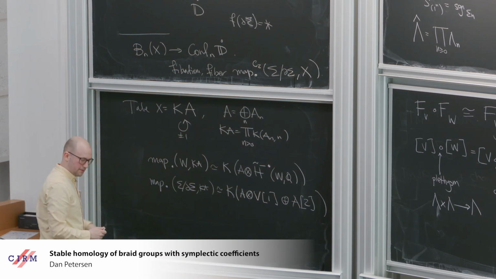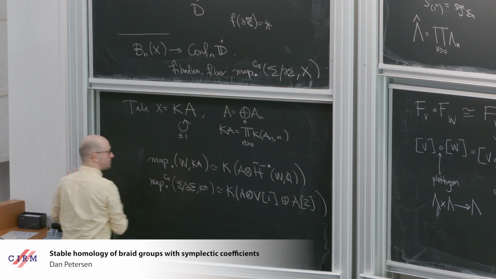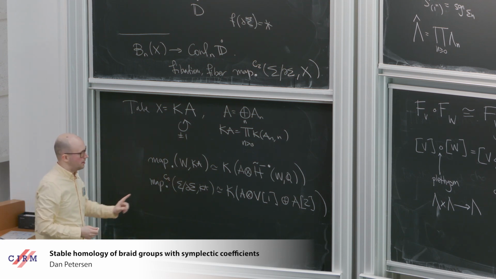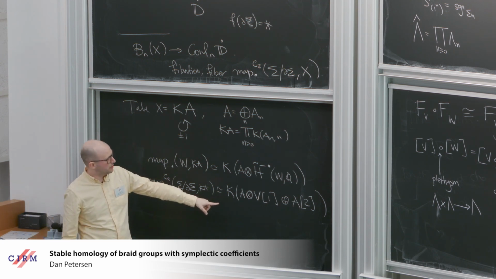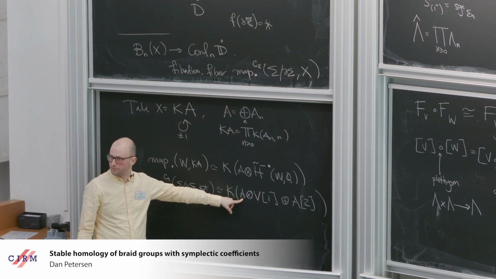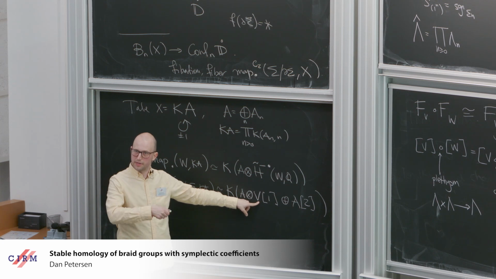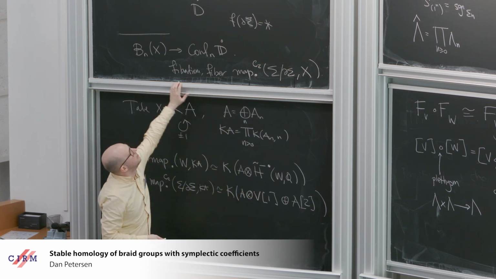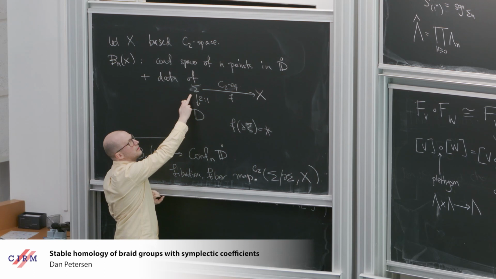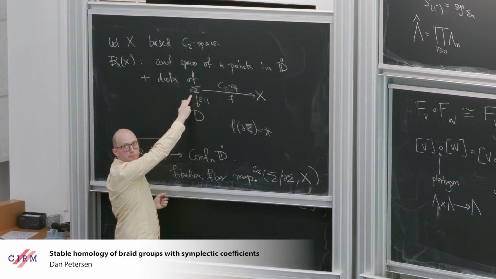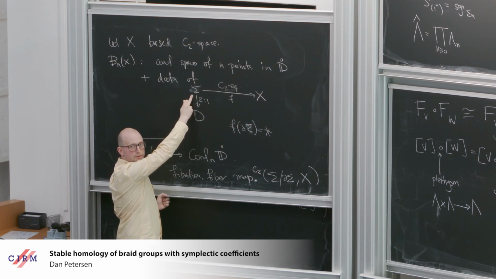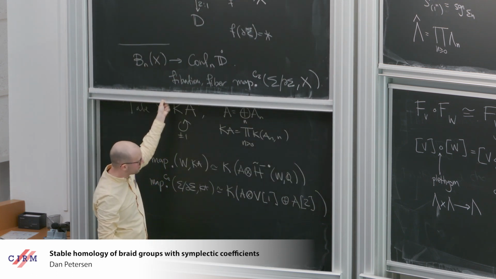But now I should also take C2-equivariant maps. What happens here is that plus or minus 1 acts on A as multiplication by minus 1. It acts on V as multiplication by minus 1 as well, because the hyperelliptic involution acts as multiplication by minus 1 on the first homology of this surface.